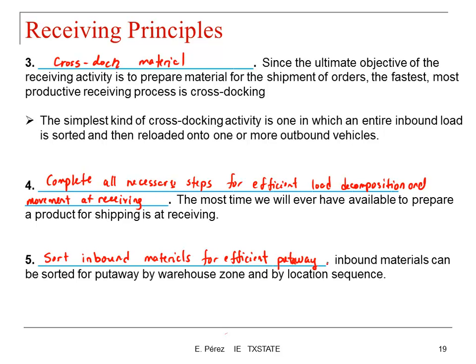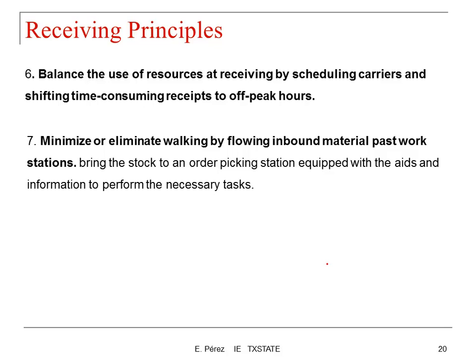Number six is balance the use of resources at receiving by scheduling couriers and shifting time consuming receipts to off-peak hours. Depends also on the location of your warehouse. For instance, if you're trying to send some units to, let's say, New York City.